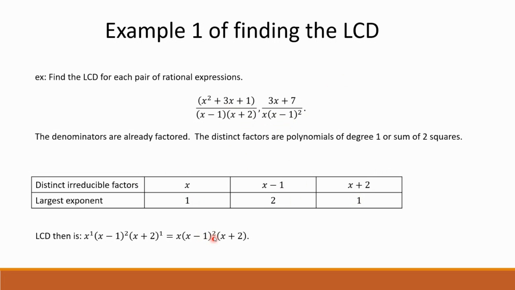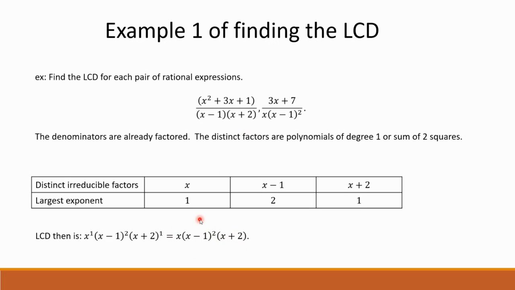Beautiful. So now what is the LCD? Well, we do x to the first times x minus 1 squared times x plus 2 to the first. That's what we have here. And from here, we get x times x minus 1 squared times x plus 2. That big product is our LCD.